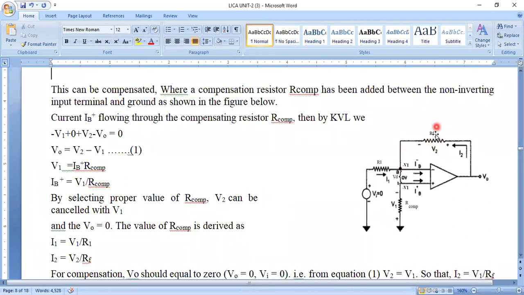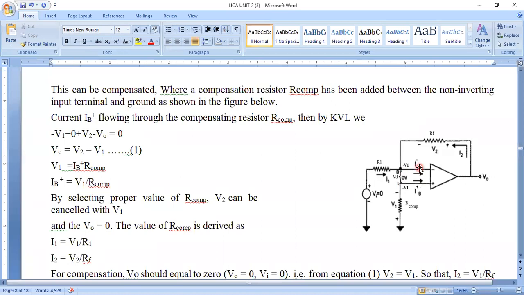RF is the feedback resistance, whereas R1 is the input resistance of node A. And this R component is connected with a value equal to R1 in parallel with RF. Then we can maintain the output voltage at zero when both input voltages are zero, but some voltage is present due to the input bias currents IB plus and IB minus.